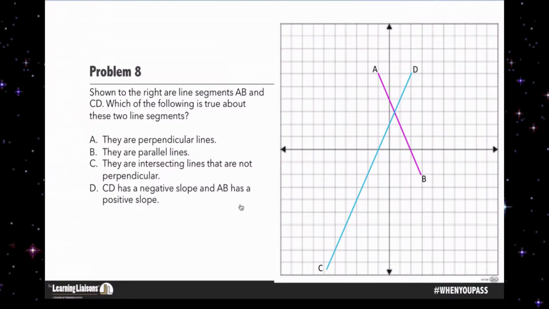Shown to the right are line segments AB and CD. Which of the following is true about these two line segments? They are perpendicular lines. They are parallel lines. They are intersecting lines that are not perpendicular. CD has a negative slope and AB has a positive slope.